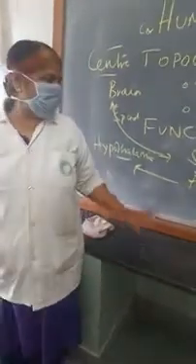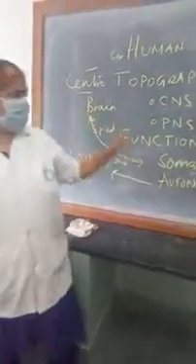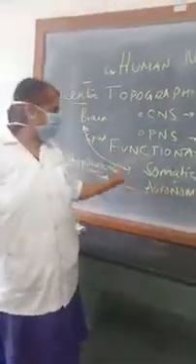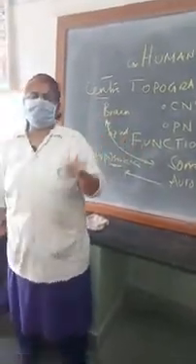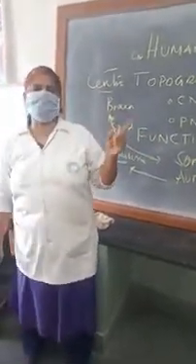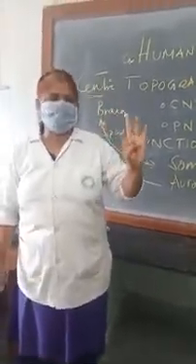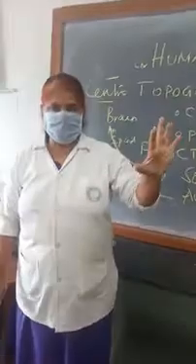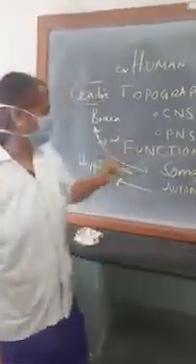So these are the centers for the action. Somatic is the brain and spinal cord, and autonomic is by the hypothalamus, by two: sympathetic, with centers T1 to L2, and parasympathetic, with cranial nerves 3rd, 7th, 9th, 10th and the pelvic splanchnic nerve, that is sacral S2, S3, S4.